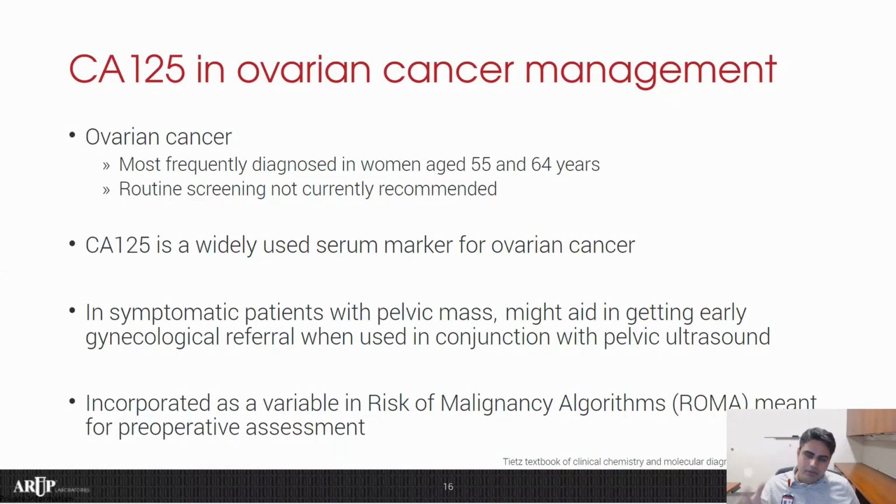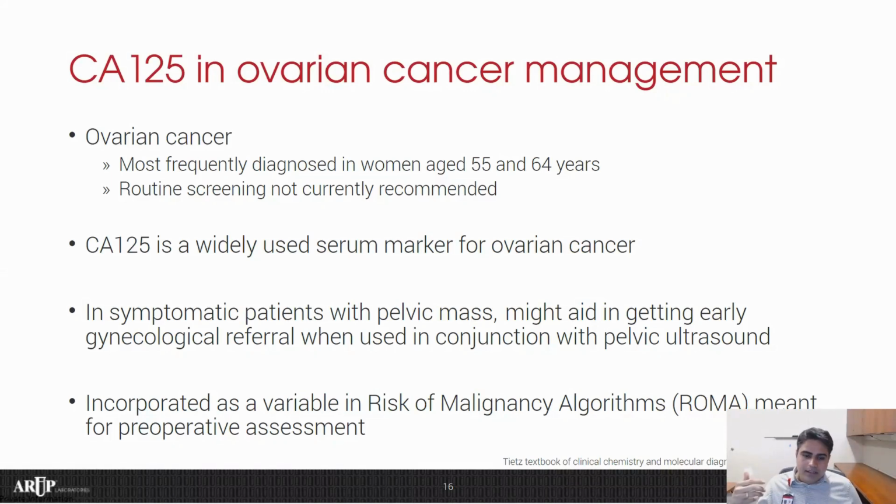But CA125 is a widely used serum marker for ovarian cancer. So how is it used? It is used in symptomatic patients who have symptoms such as bloating, abdominal pain, and even pelvic mass. So if these individuals are tested with CA125 along with pelvic ultrasound, it might speed up their referral to gynecologists or gynecologic oncologists.